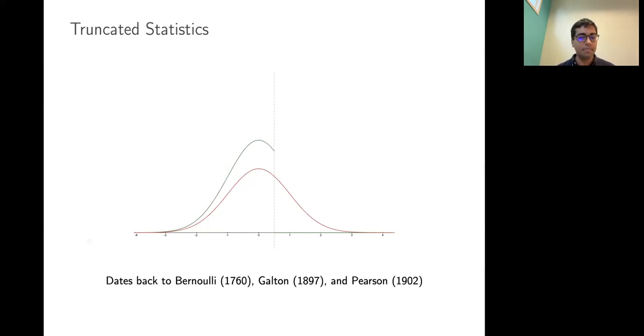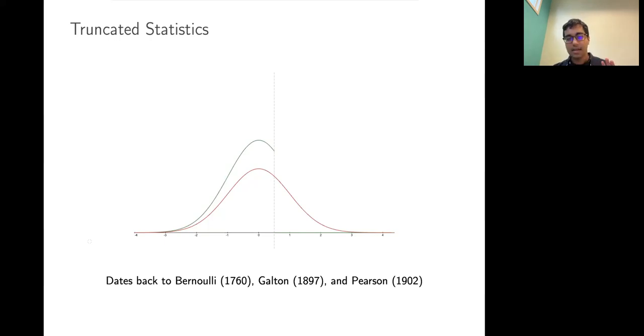As a concrete example, the red curve over here is the standard Gaussian distribution, and the green curve is the density of a truncated one-dimensional Gaussian. The density to the right of this dotted line is set to 0, and you renormalize the density so that everything integrates to 1.